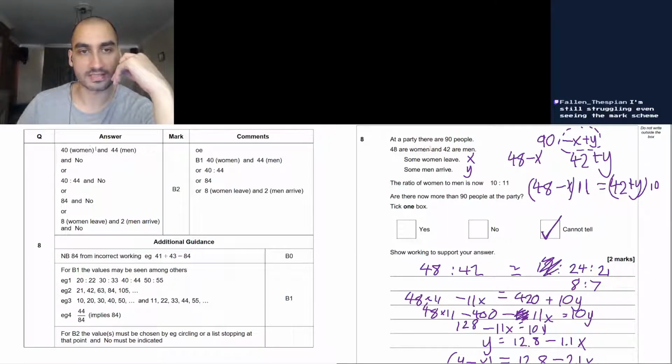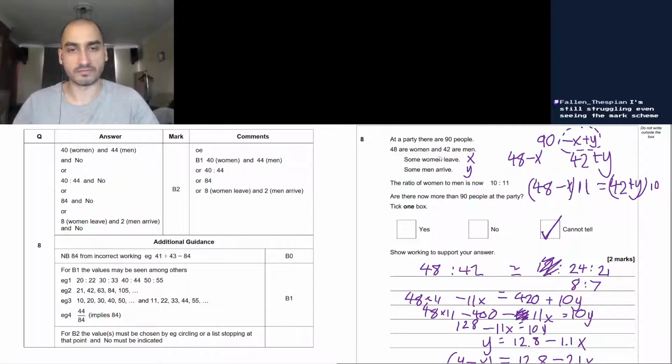So they're saying this example where you have 40 women and 44 men, that's where 8 women left and 2 men entered. That would be proof that... Well, that doesn't prove that's always the case, though.